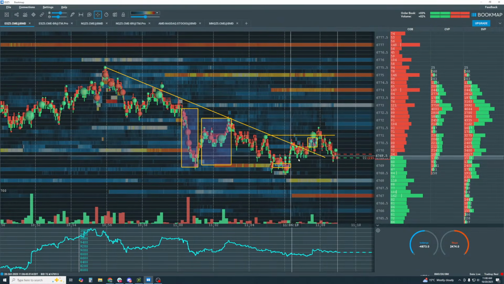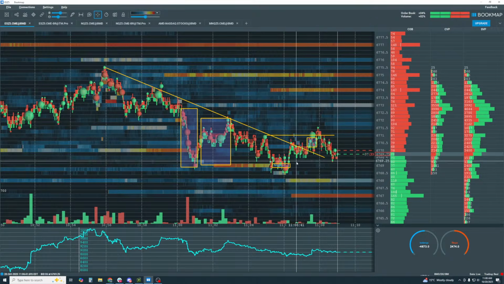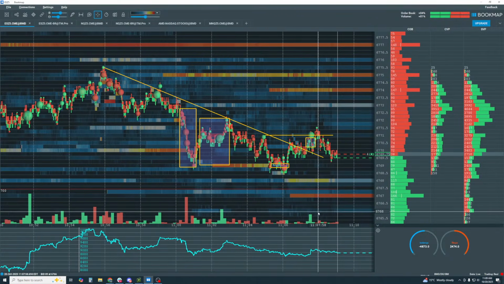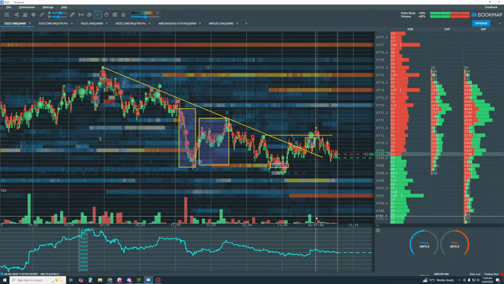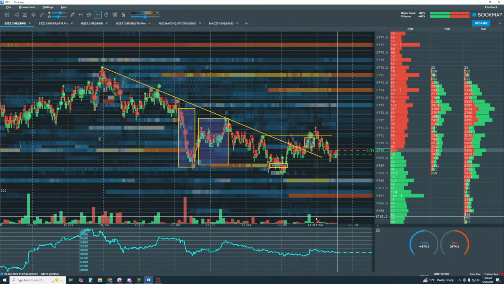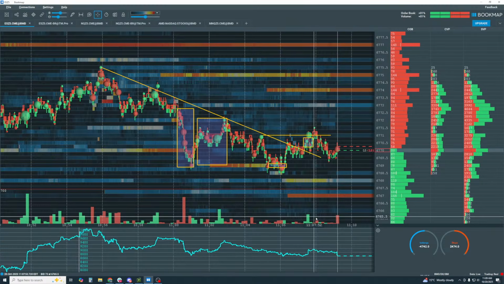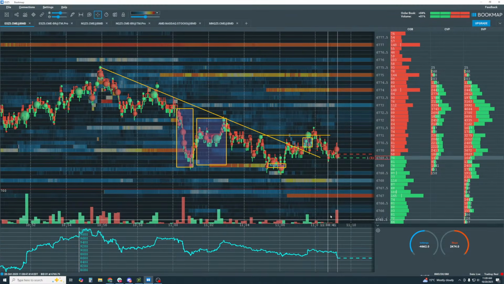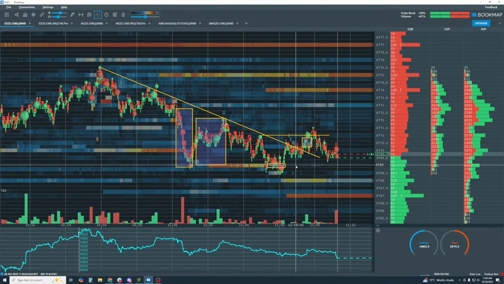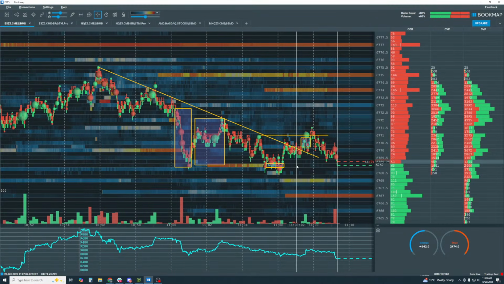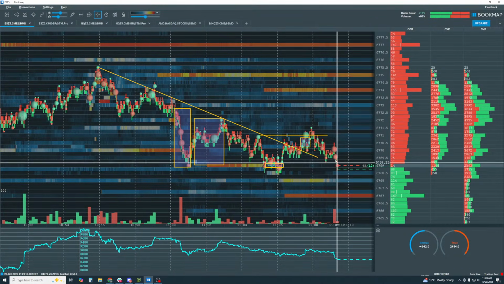We're just smack dab in the middle of this little range between 69 and 71, and not seeing much. Okay, now we're starting to see sellers pick it up.